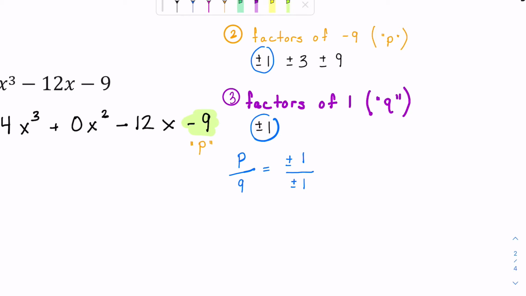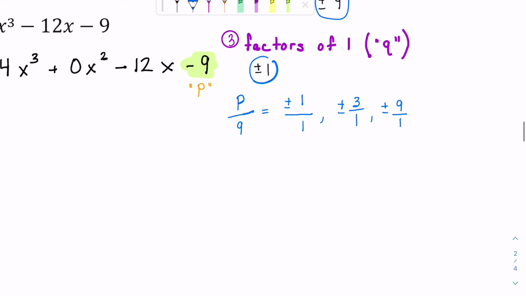All right, if you have plus or minus over plus or minus, we could just include that once. So we have plus or minus 1 over 1. Next, we're going to do plus or minus 3, so we'll have plus or minus 3 over 1. And next, we're going to do plus or minus 9 over 1.